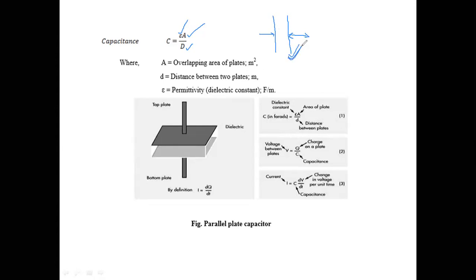Let us suppose the displacement direction is like this. Then what will happen? This plate will move like this. Why? Because I am applying displacement in this direction. So the second plate of the capacitor will move towards the first plate of the capacitor. Then what will happen?